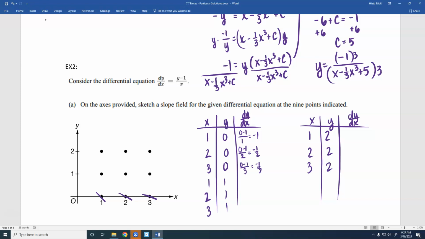For the next 3, the numerator is going to be 1 minus 1 over 1 for that one. That's going to give me 0. Here I'm going to get 1 minus 1 over 2, also 0. 1 minus 1 over 3, also 0. So all of these have a 0 slope. We'll have horizontal lines for that.